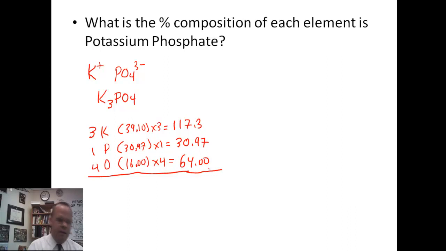Add these 3 numbers together. We get a total of 212.27.